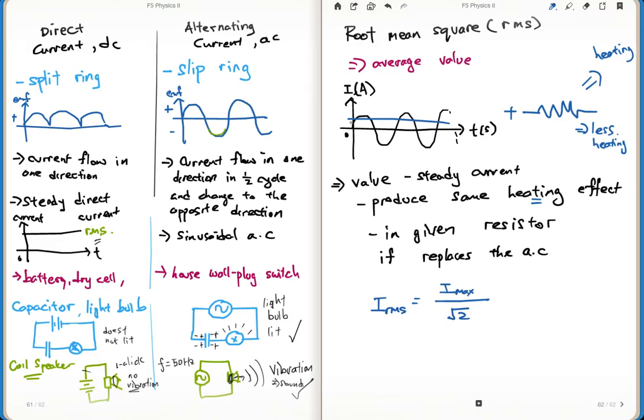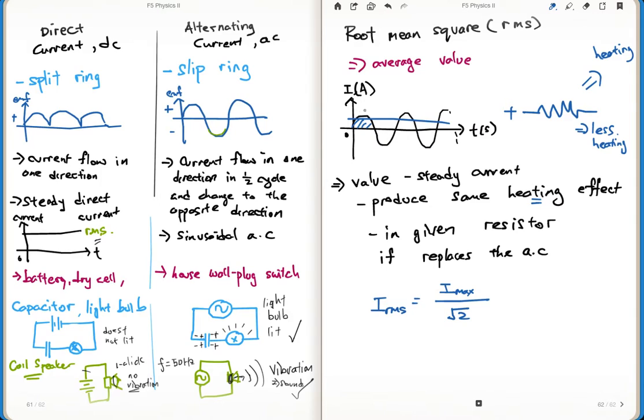So this area here is not in the syllabus unless you're going for higher education. I mean, if you want to further study, then you need to know how to prove it. Otherwise, this would do. What is Imax?